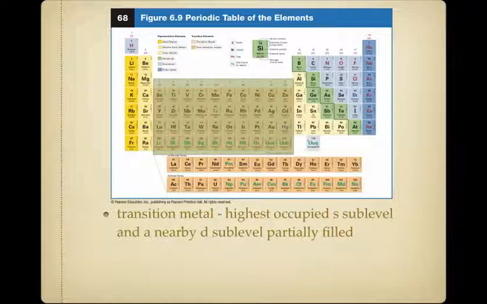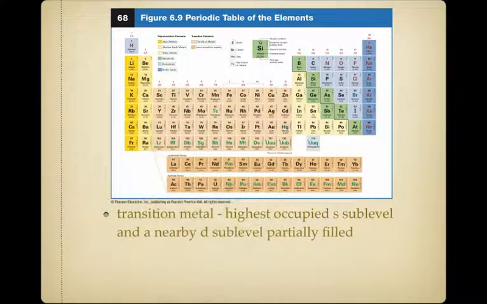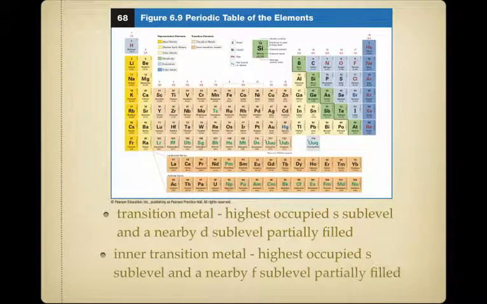So any of these in this area, if we look at iron, we can tell right off the bat that we're going to be filling a d sublevel because it comes from this part of the chart. So it is very easy to look at the periodic table and figure out what you're filling if you know what these things are.